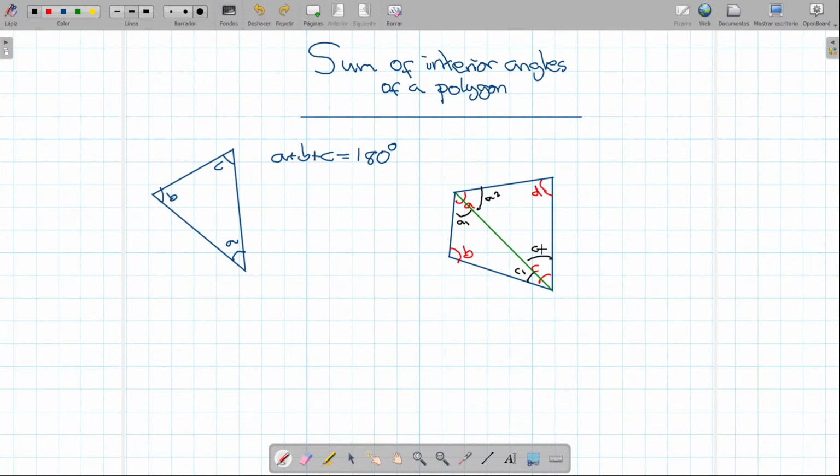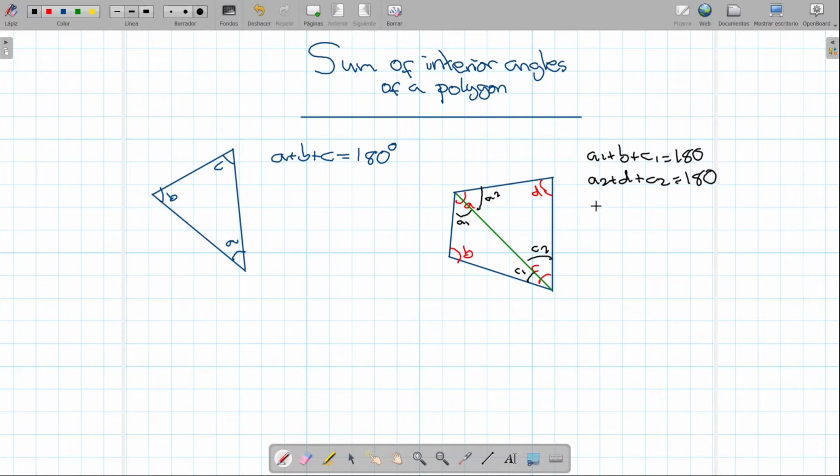Okay? So as each one of them is a triangle, we already know that A1 plus B plus C1 equals 180, and that A2 plus D plus C2 equals 180.